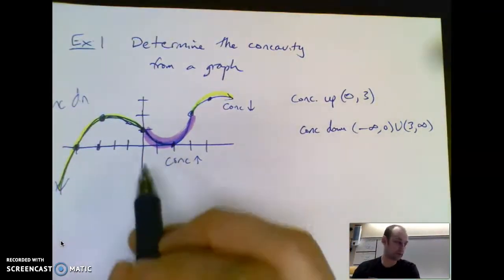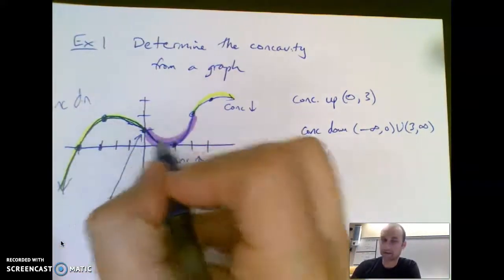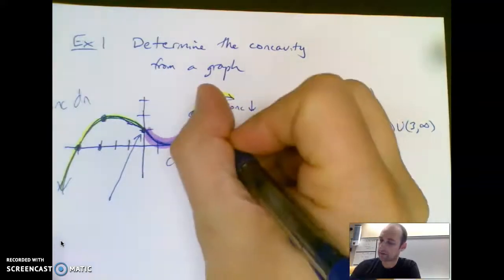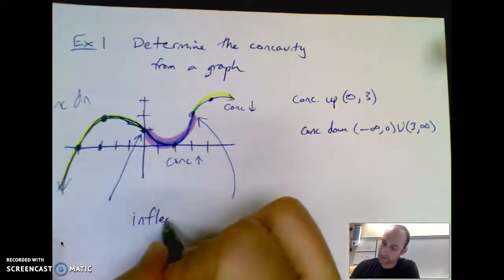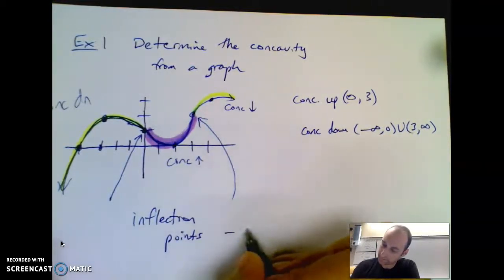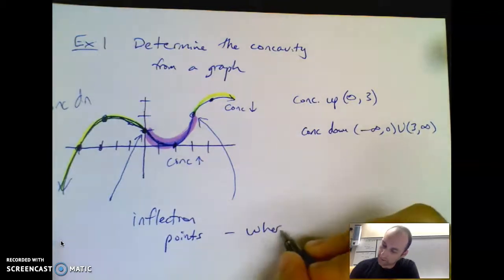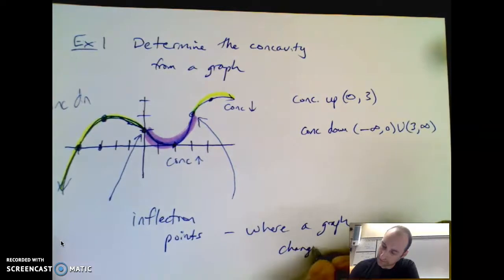Now, there must be a special name for these points where it switches from concave down to concave up, or from concave up to concave down. These are called inflection points, where a graph changes concavity.